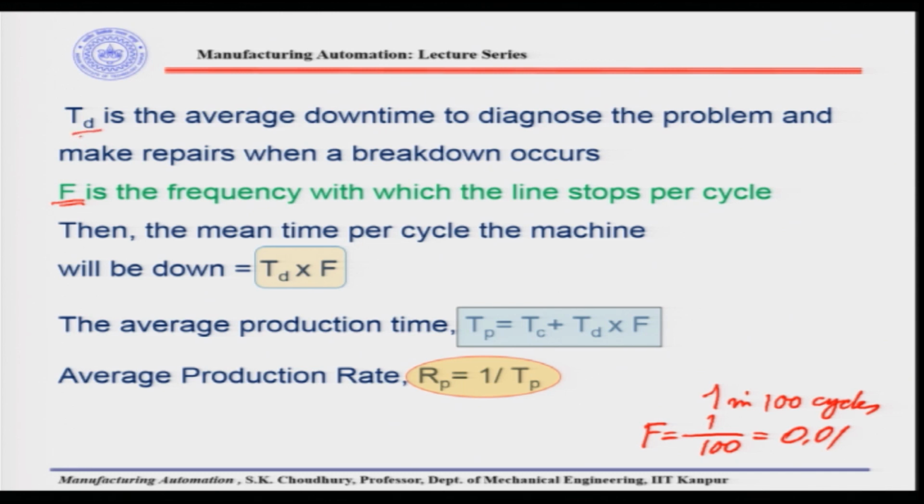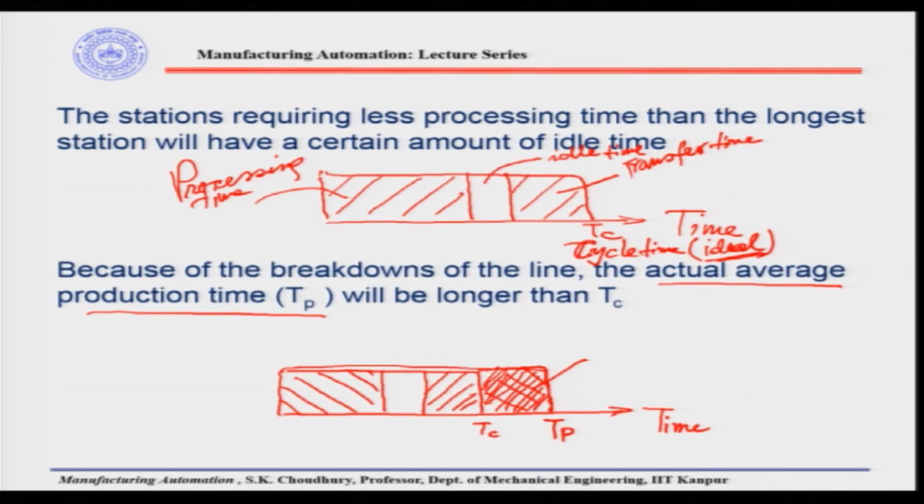Now, Td is the average downtime to diagnose the problem and make repairs when a breakdown occurs, and f is the frequency with which the line stops per cycle. So, this is actually f into Td. Tp is the actual average production time. This will be more than the ideal cycle time by the factor f into Td.